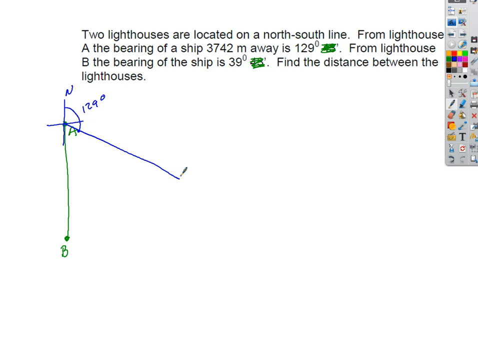Next they say from Lighthouse B, the bearing of the ship is 39 degrees. So again, north-south line, 39 degrees. I'll go ahead and put that there. And this one right here, they say is 3,742 meters.